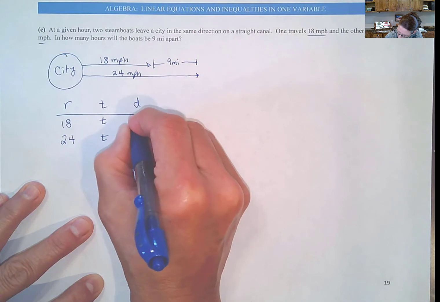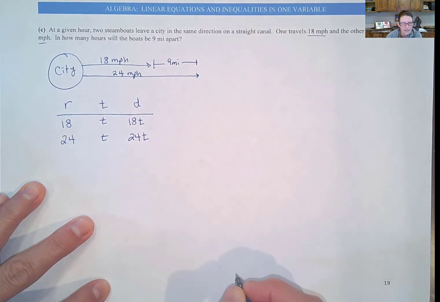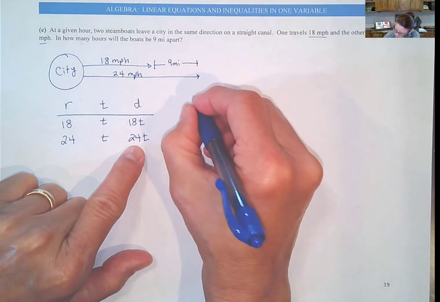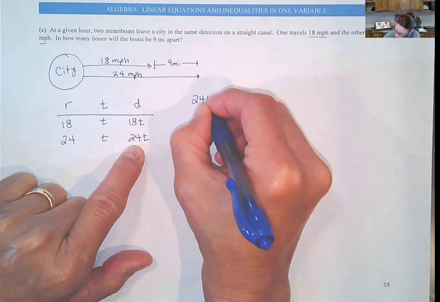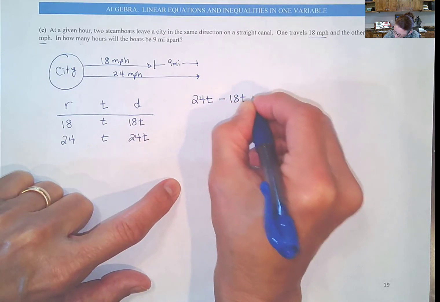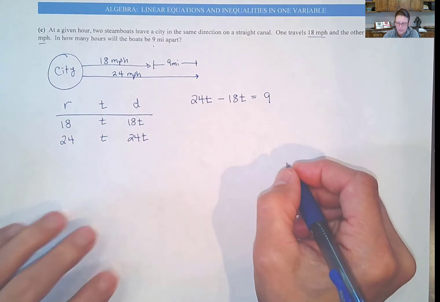We multiply rate times time to get an expression for these distances. And we're going to subtract the distances. And we know to subtract in this order: 24t minus 18t, to obtain that difference, 9 miles.